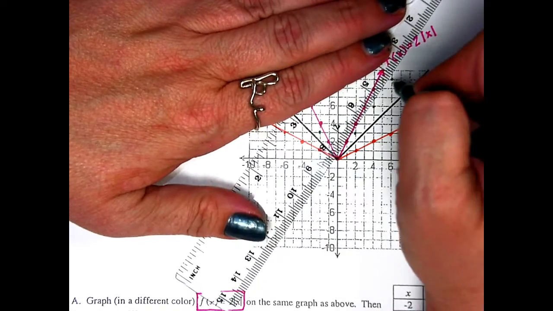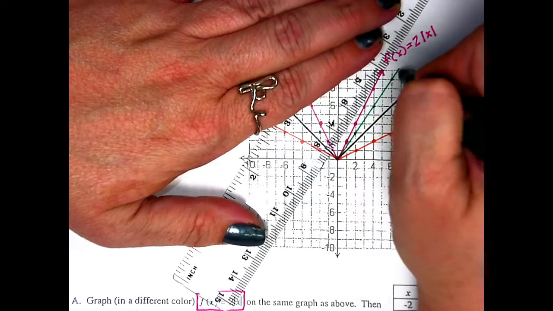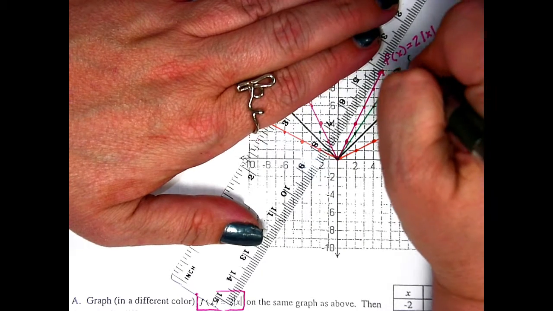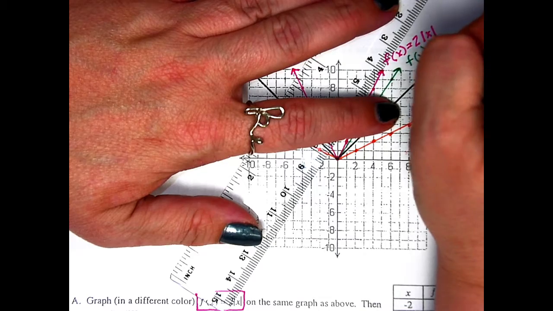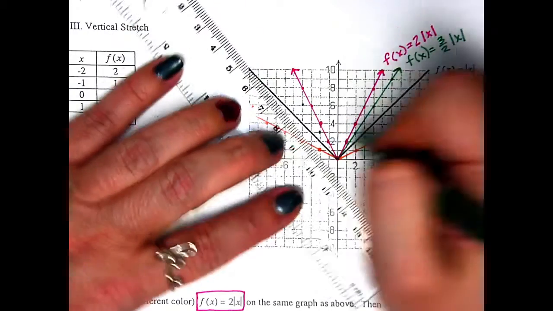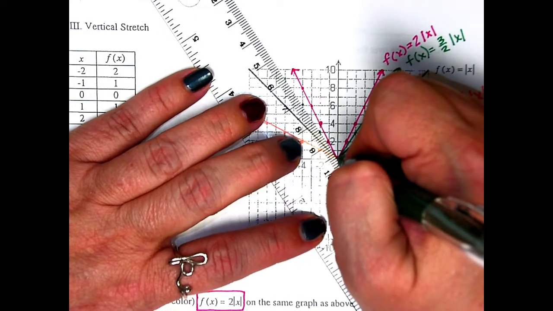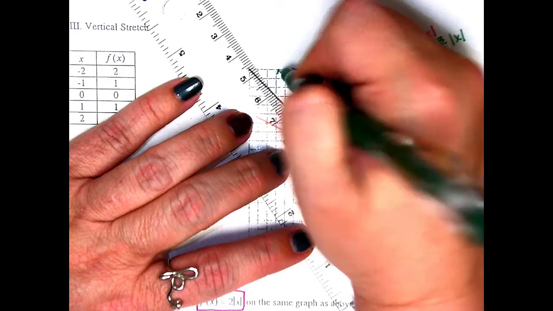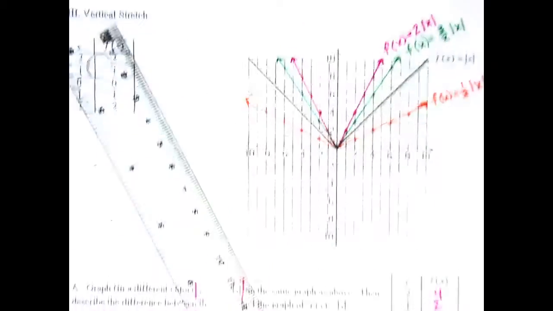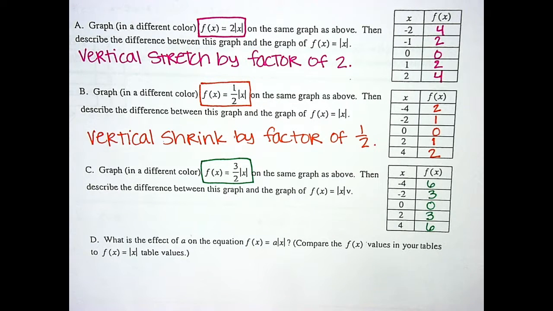Okay, and this one is kind of falling between my real steep one and my original. And it didn't get wider because it's a fraction. 3/2 is an improper fraction, so it's greater than 1.